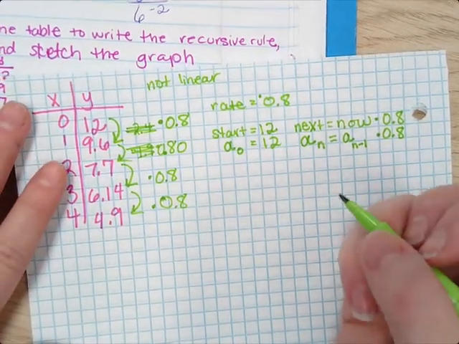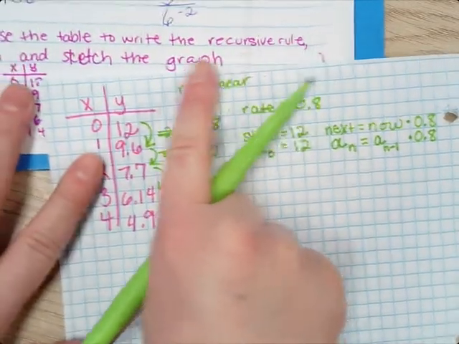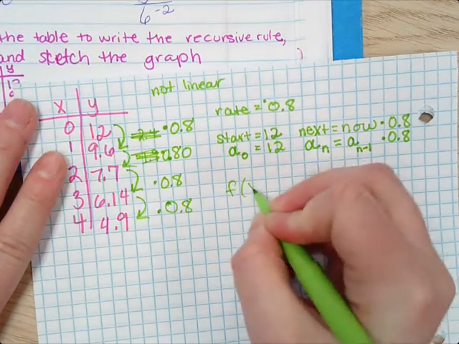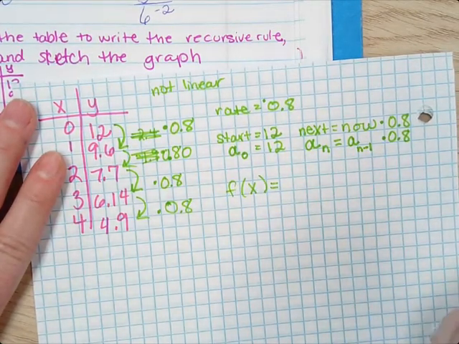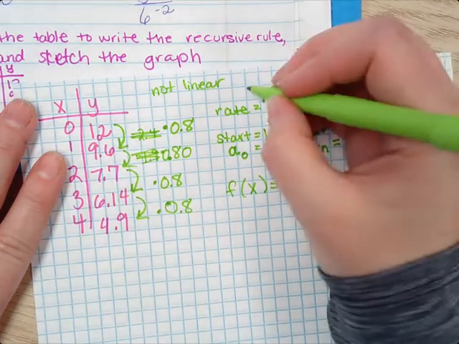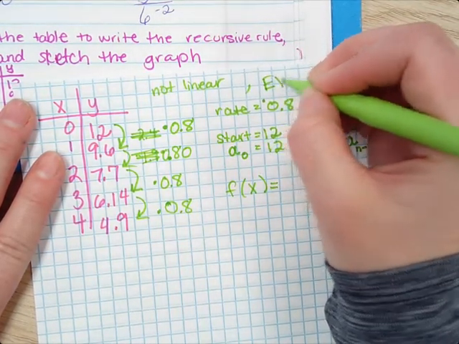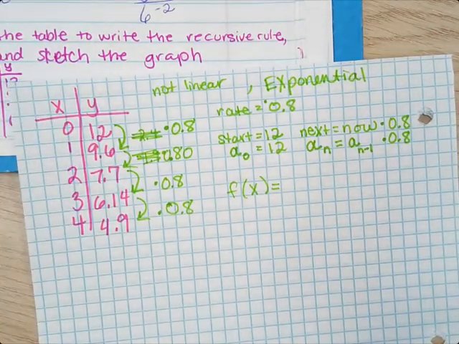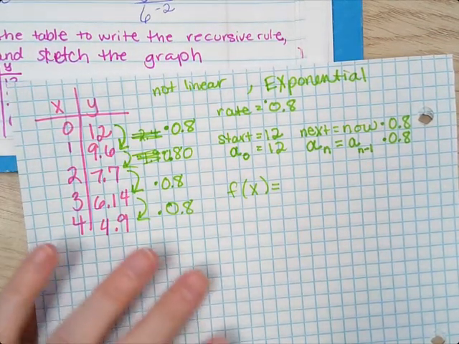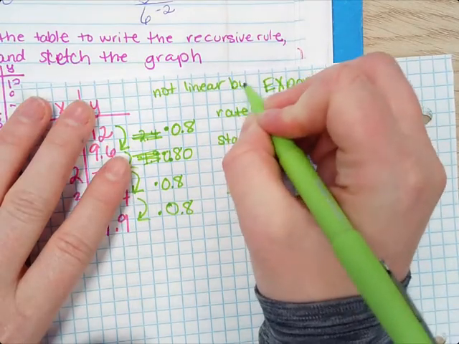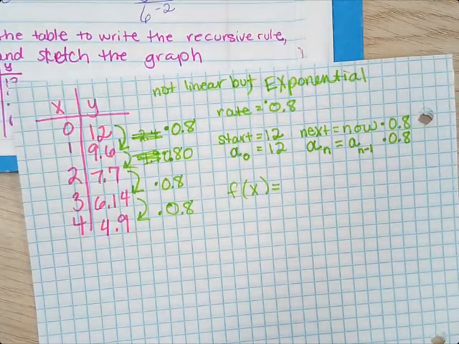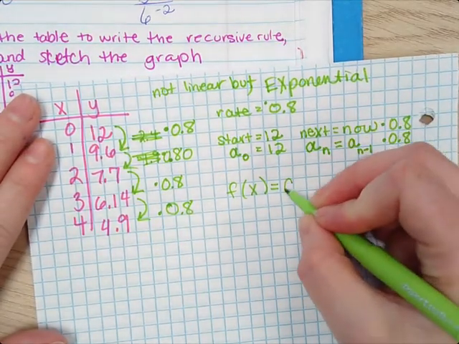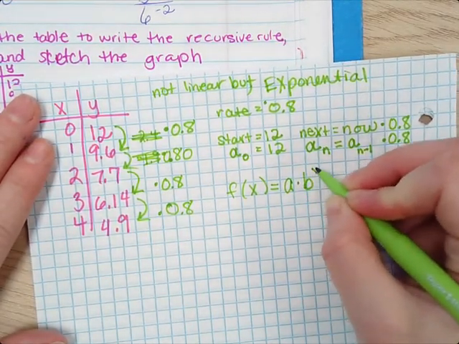Okay, the next thing, we did our recursive rule. So now it's the equation. The general form for exponentials, because this is exponential, not linear, is a times b raised to the x power.